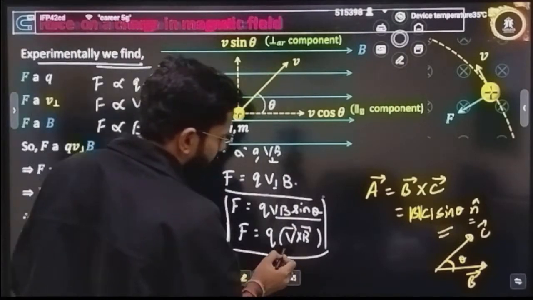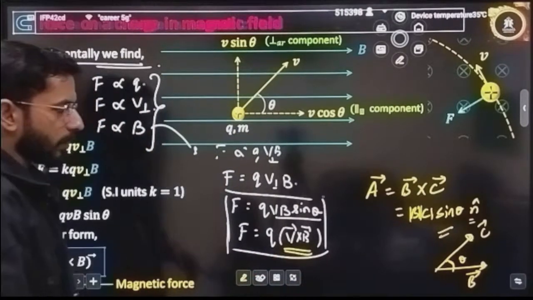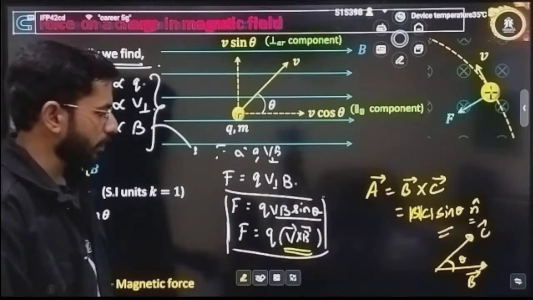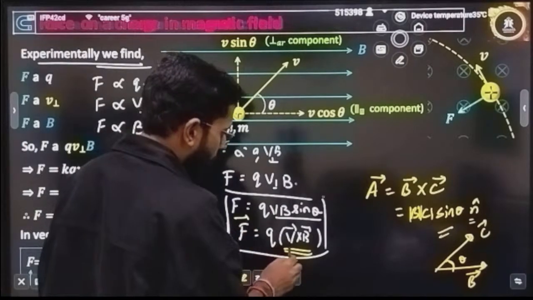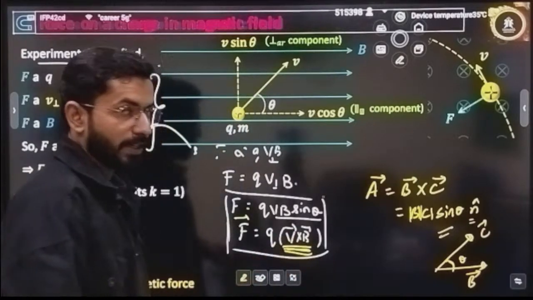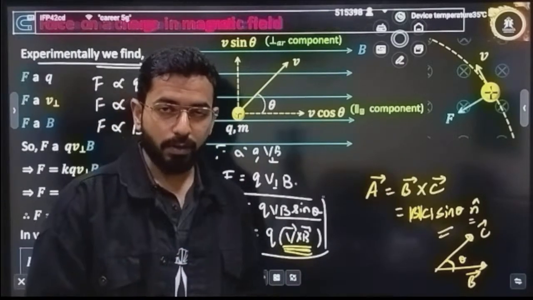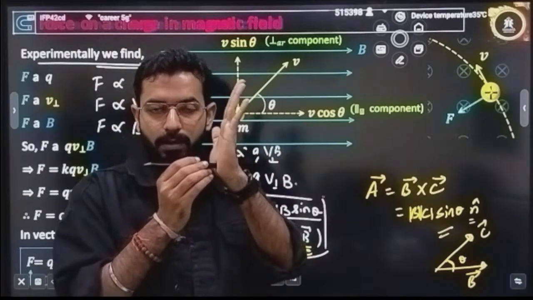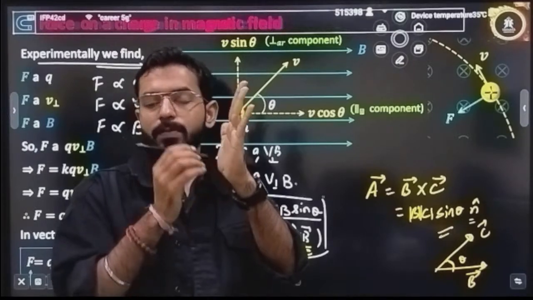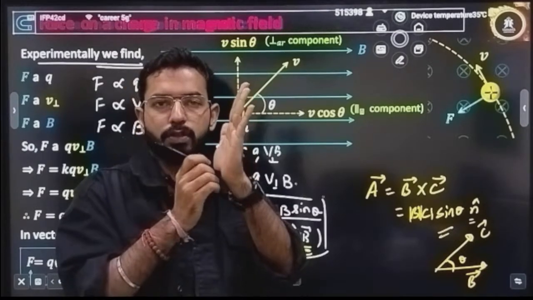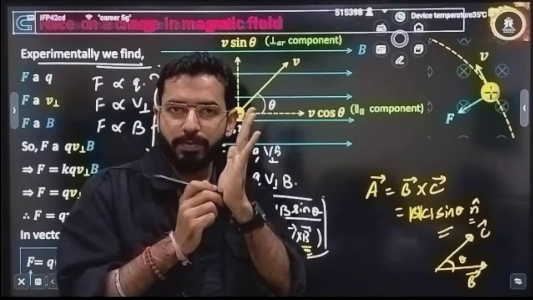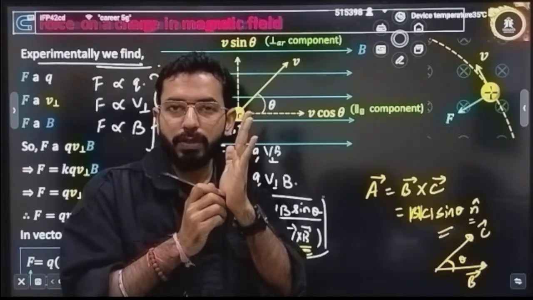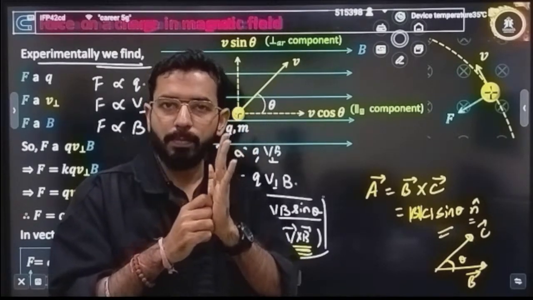From here itself it is very clear how you will find the magnetic force, v cross B. That means force will always be perpendicular to velocity and the magnetic field. That's why I told you in the first part also that force and velocity are always perpendicular. That means there is no component of force contributing along the velocity, so there is no acceleration that is going to increase or decrease the velocity component.